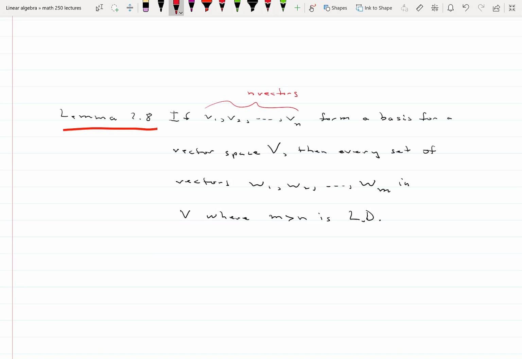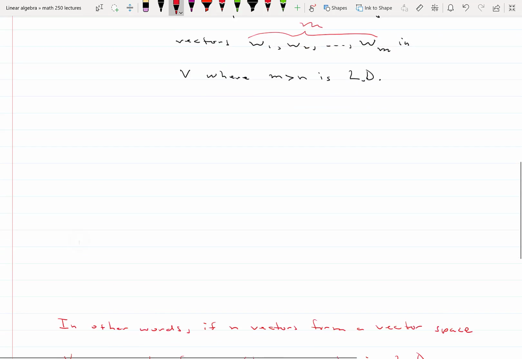Then every set of other vectors, W1 to Wm, where you have m vectors in that set, where that set contains more than the set of v vectors, has got to be linearly dependent. It sounds much more complicated than it really is. What this statement says is something very profound with respect to vector spaces.